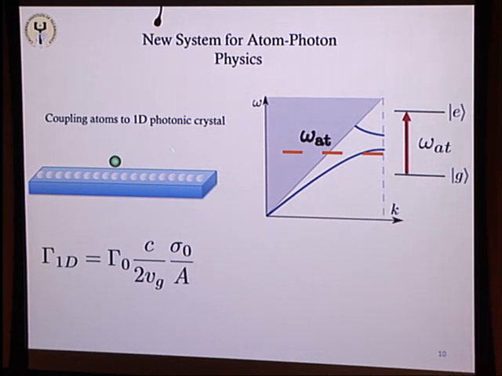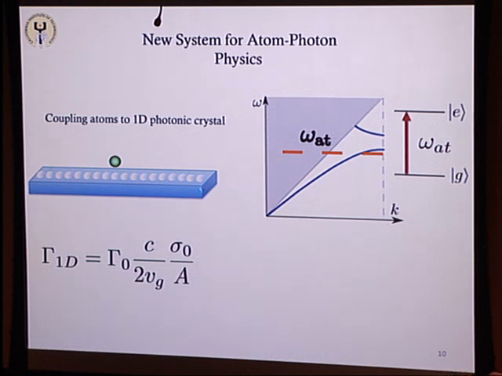So what we've looked into doing in our lab is to couple these atoms to a 1D photonic crystal. So it's just a piece of dielectric structure with an index modulation, whether it's holes inside the dielectric structure, or in the case of what I'll show you next, we actually modulate the dielectric structure.